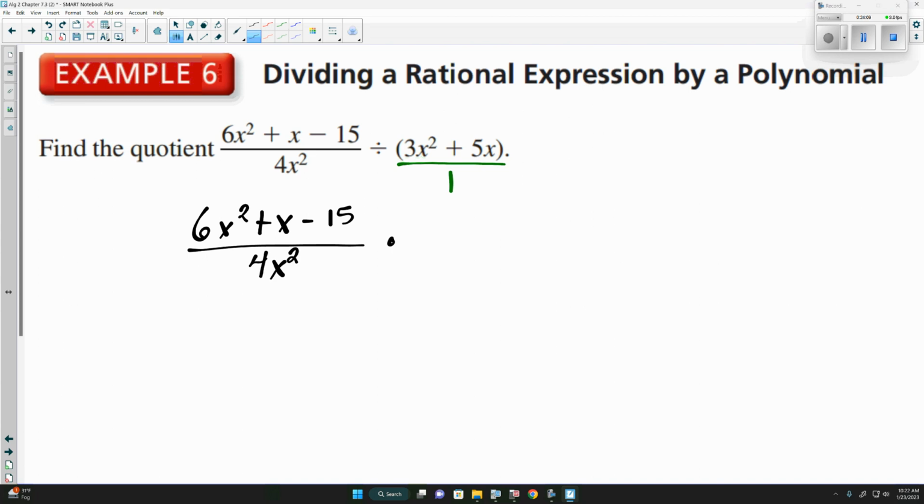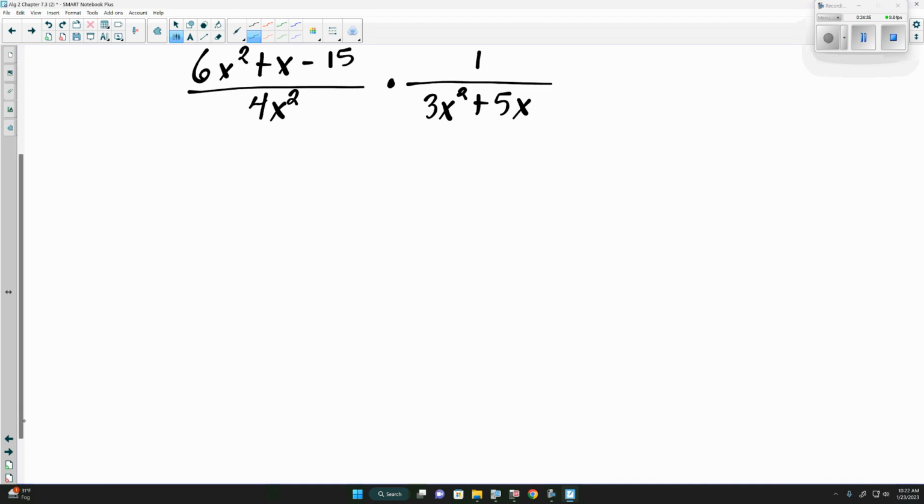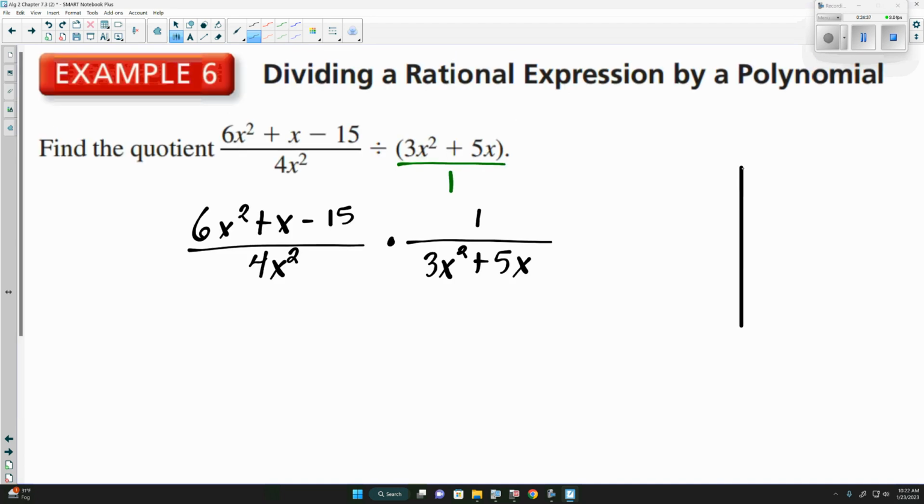We change it from division to multiplication and flip the second term. And that's the only real difference, because most of everything we've done today has almost been 100% like multiplication, except for the first main step. After we do the first main step, everything that precedes it, everything that follows it, is the exact same.